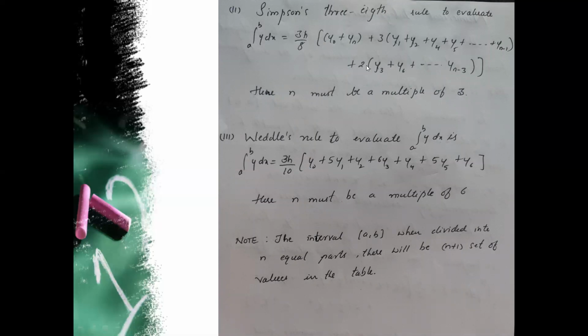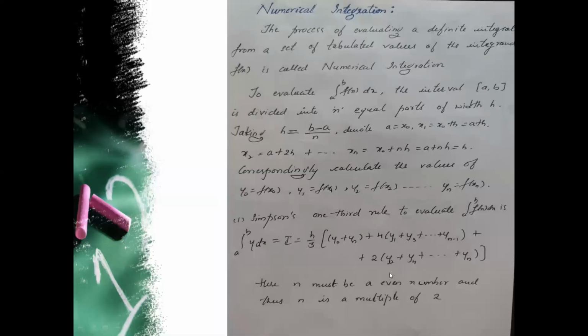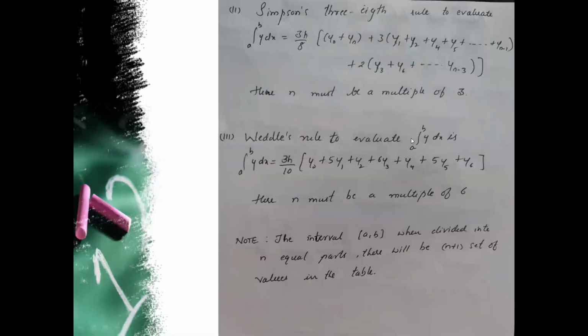And plus 2 times is also there in Simpson's 1/3 rule, but there we take even multiples of y, whereas here the multiples of 3 are taken, y3 plus y6 and so on up till yn minus 3. Now for Simpson's 1/3 rule, n must be a multiple of 2. For 3/8, n must be a multiple of 3.